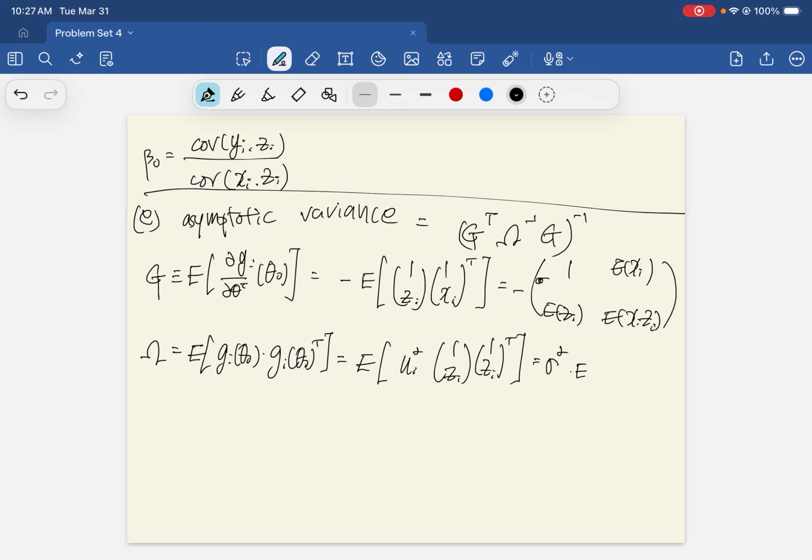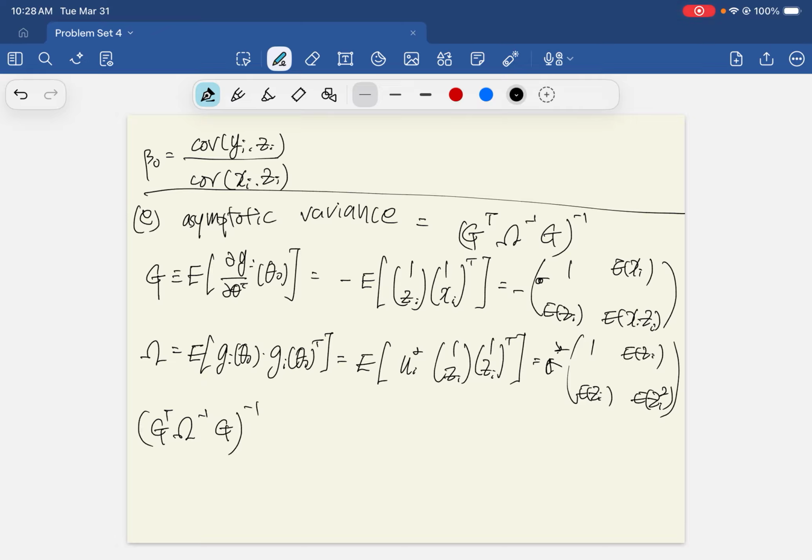So it will look like sigma squared times the matrix with 1, expectation of z, expectation of z, expectation of z squared. That is Omega. Okay, we are going to calculate (G transpose Omega inverse G) inverse, right?